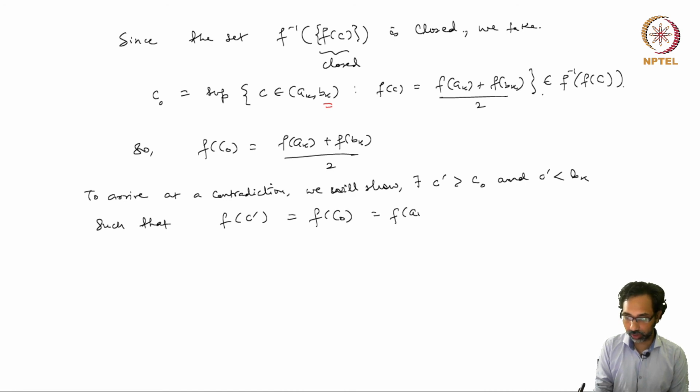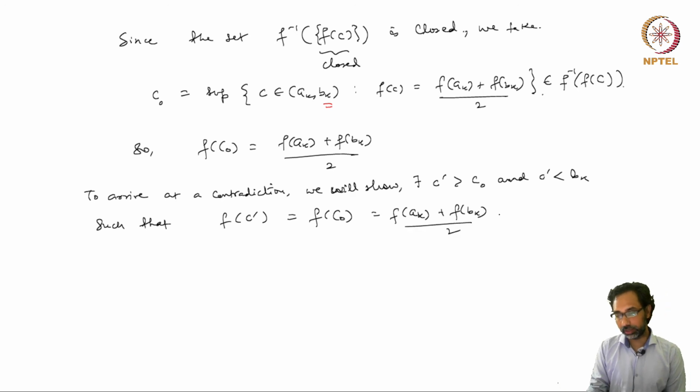This is equal to (f(ak) plus f(bk)) over 2, and this is going to be a violation of the fact that c naught is the supremum of such values.